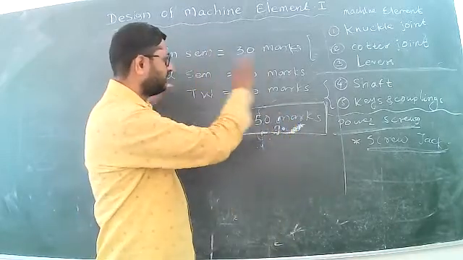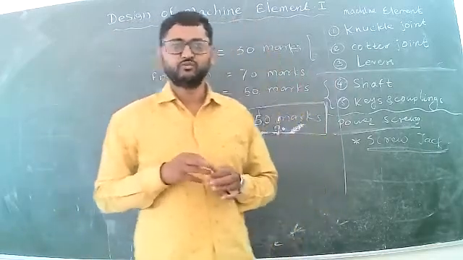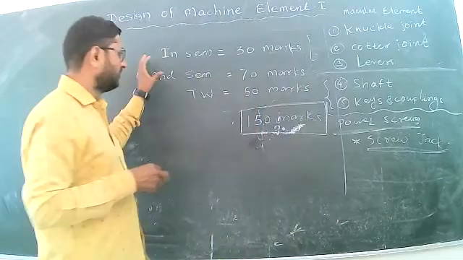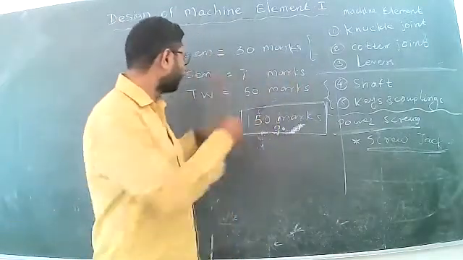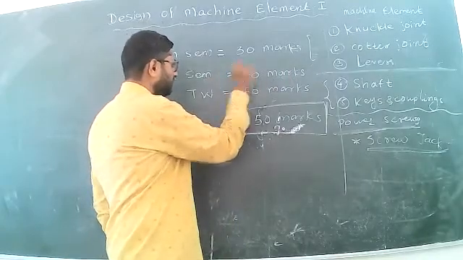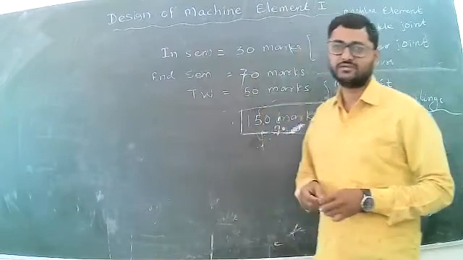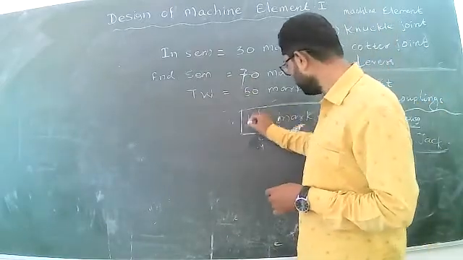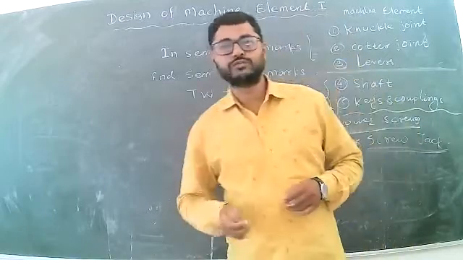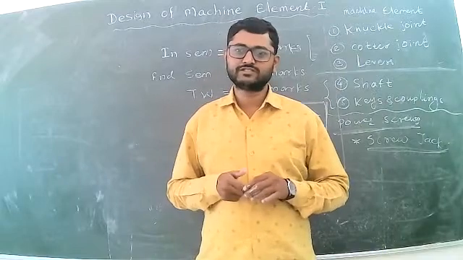So we are just introducing this subject, Design of Machine Element 1. The syllabus pattern of this subject is end semester and term work. For term work, there are 2 design projects.